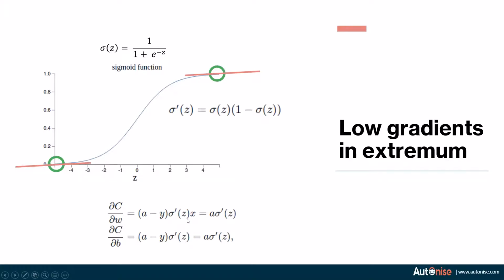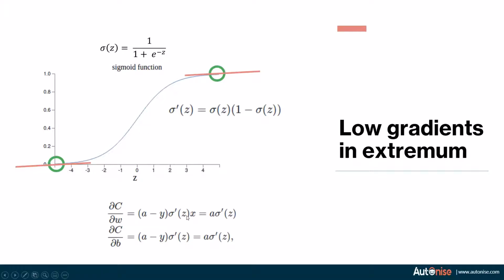What it means is that the derivative of the cost function with respect to the weights is directly proportional to sigma dash of z. So if sigma dash of z is very small, let's say it tends to 0, then the derivative also tends to 0. We have seen that sigma dash of z tends to 0 when z is very large.